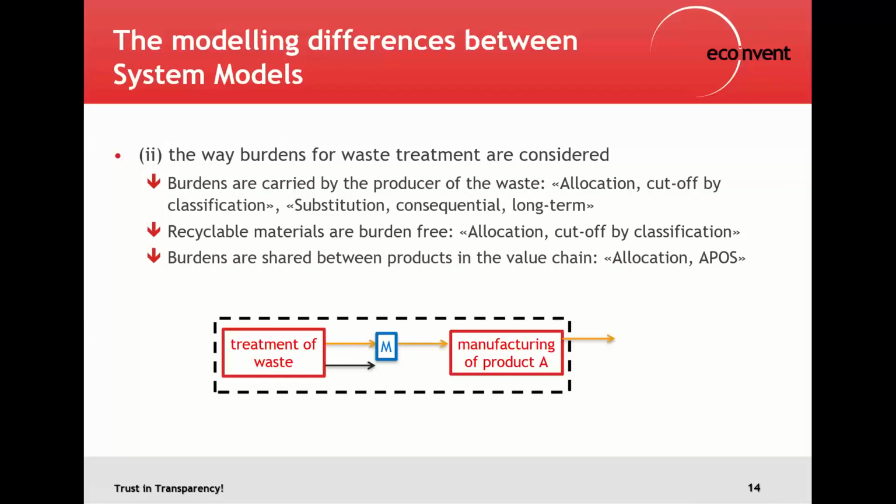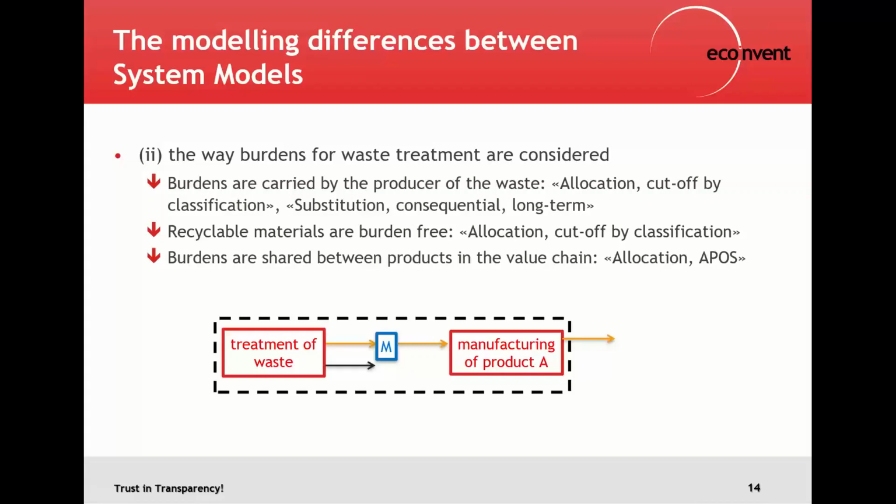In the case of APOS, the burdens associated with the treatment of the waste will be shared between all possible valuable products generated within the value chain. We look here at this small scheme where we represent manufacturing of product A and treatment of waste. One can imagine that the treatment of waste will have a valuable product generated together with it.